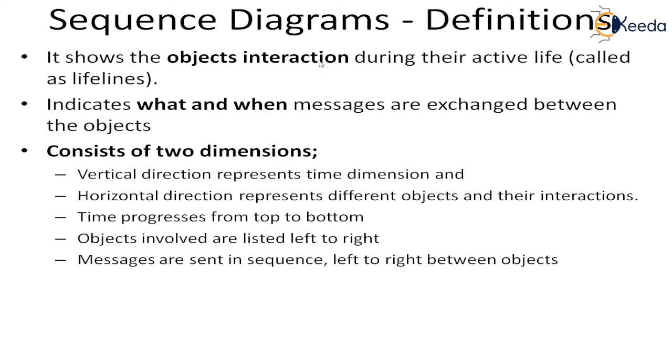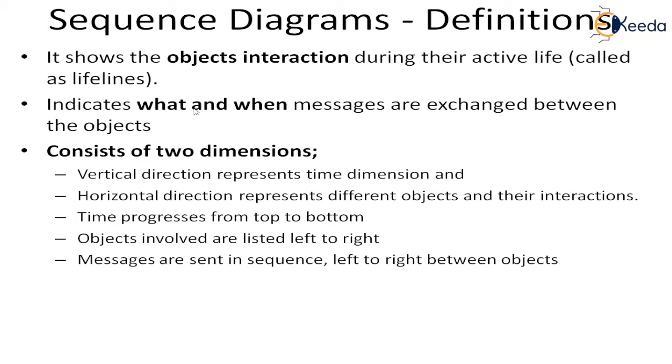So in the sequence diagram, a particular object will have an active life. Just like we said, active states and passive states. So when the object is interacting, sometimes it will have an idle life and sometimes it will have an active life. And this is called the lifeline of the object.